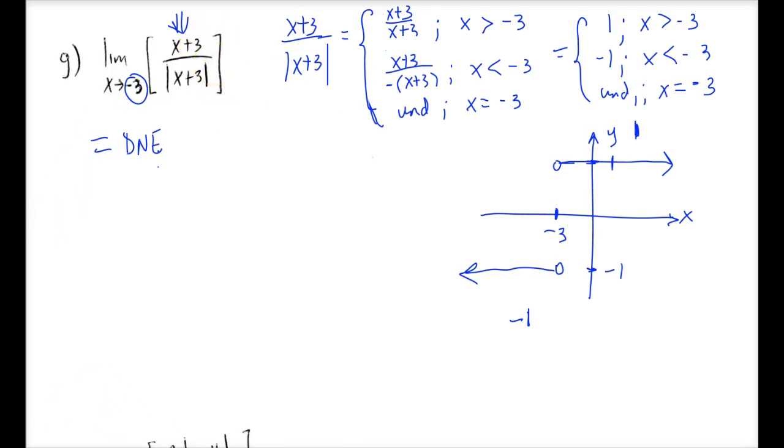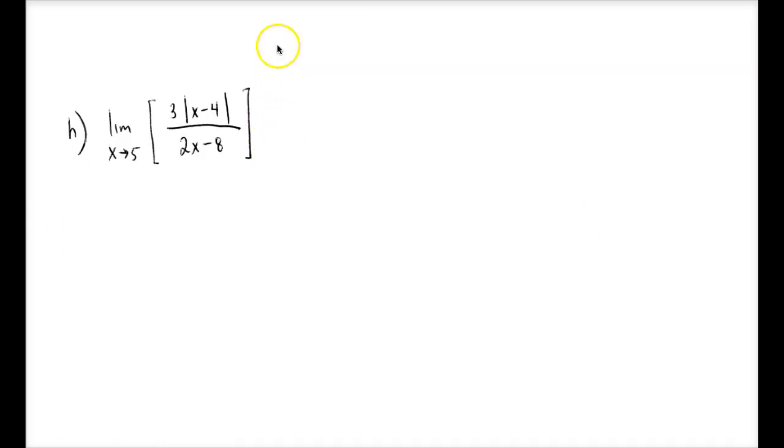Now let's move on to the last example. So for this example, we notice that we also have this absolute value function here. But one of the things that I want you to notice is that we have this absolute value function, but we are trying to approach x equals 5 from both the left and the right. Okay. Now, for values that are closely around 5, so for instance, I'm going to say like 4.9, 5.1.